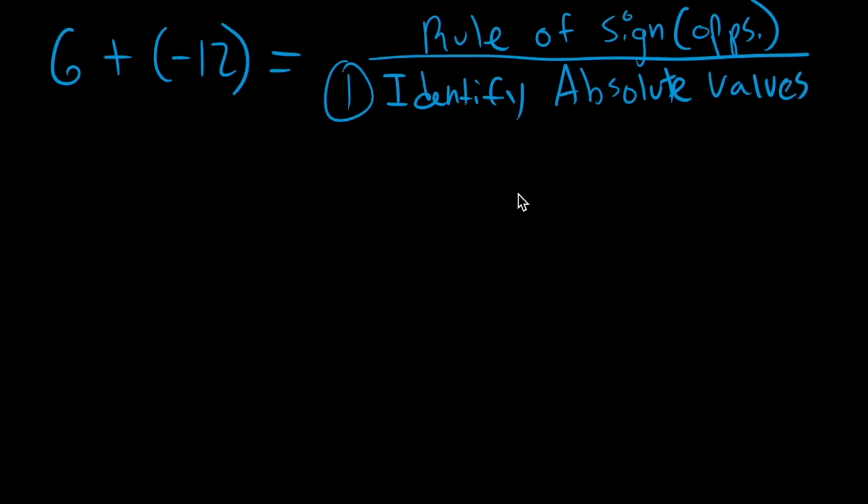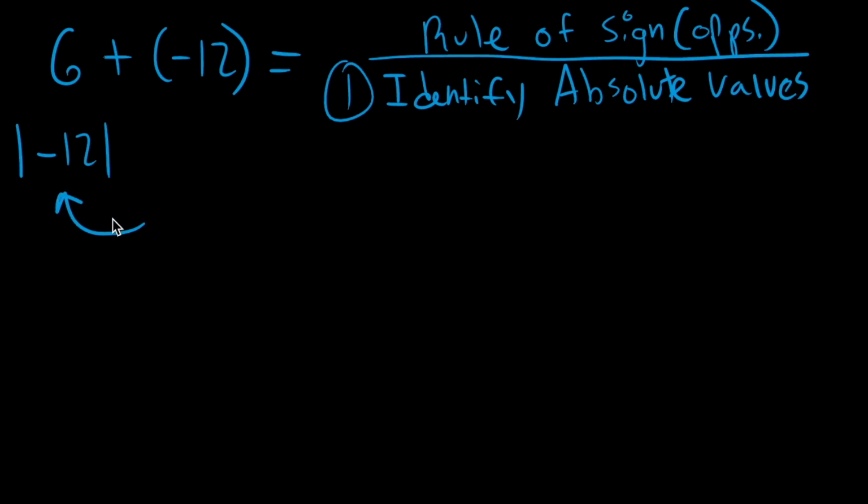So what is an absolute value? An absolute value will look something like this. You have two vertical lines, and then you have some number inside of it. Let me write this on the left side of the screen underneath the problem. And let's use -12 for the number. So let's say we want to find the absolute value of -12.